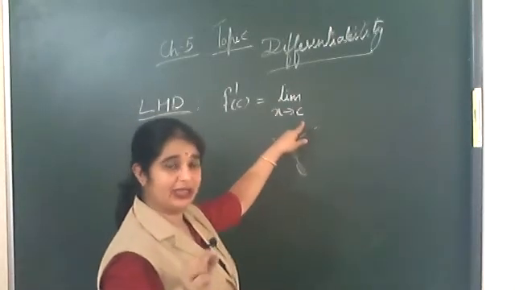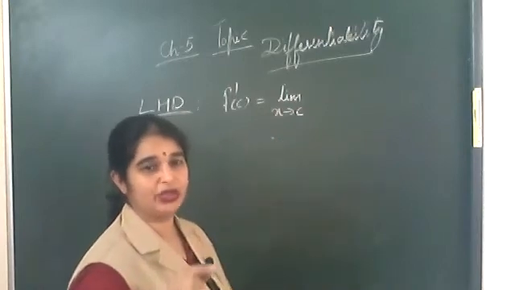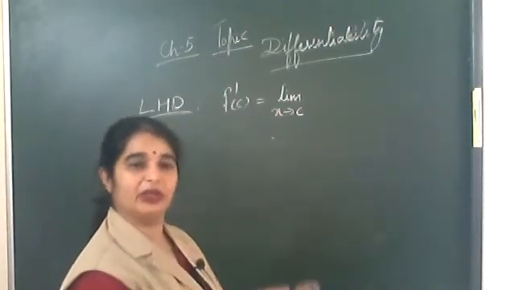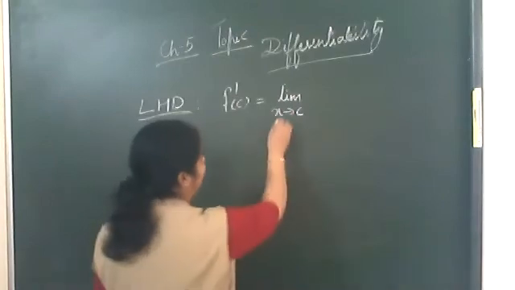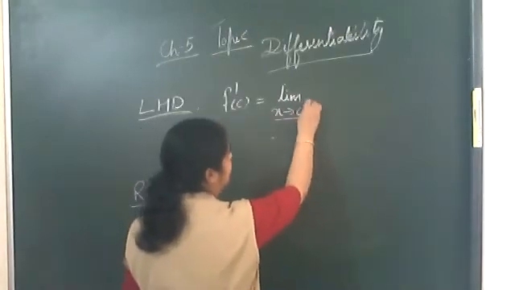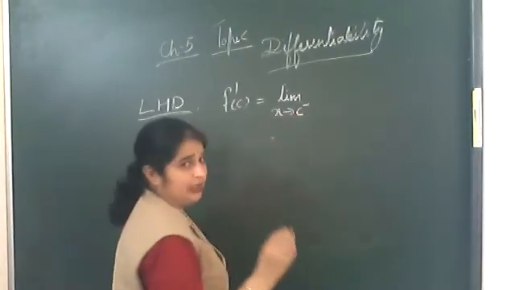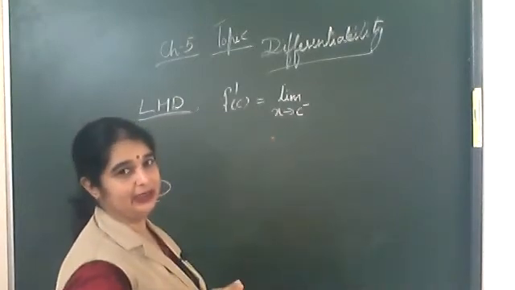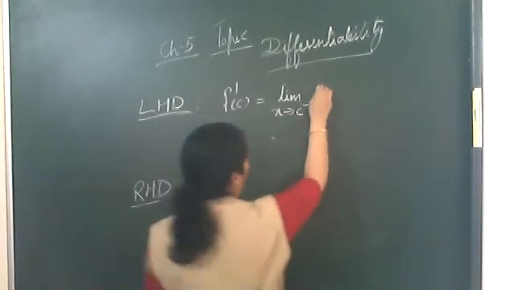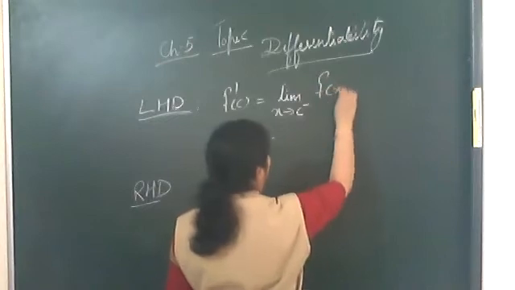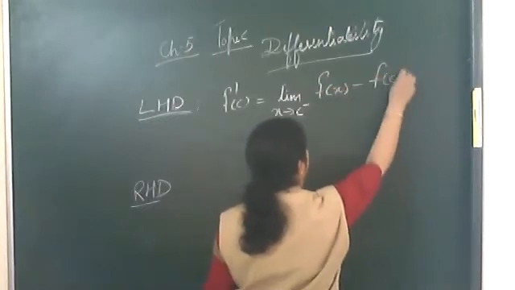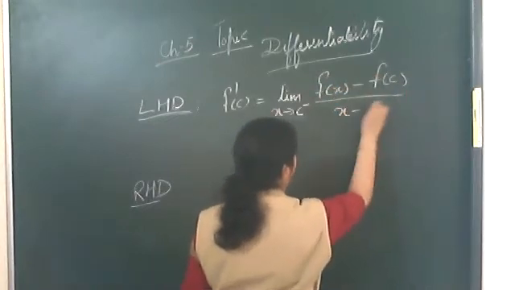Tending to c means it is approximately equal to c. It can be from the left hand side or from the right hand side. So we'll take the value of x tending to c negative. Negative means a little bit less than c. Clear? So what will be the function here? Same way we'll write f x minus f c upon x minus c.